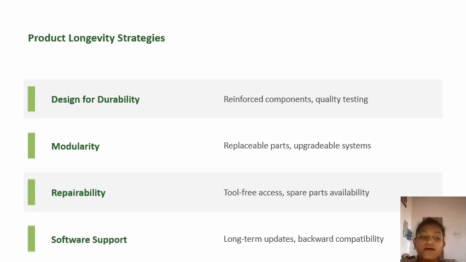Repairability is meant by replacing parts of the product while keeping their functions and structures. For example, free access, spare parts availability. Then software support is meant by long-term updates and backward compatibility. Then easily detecting the error.